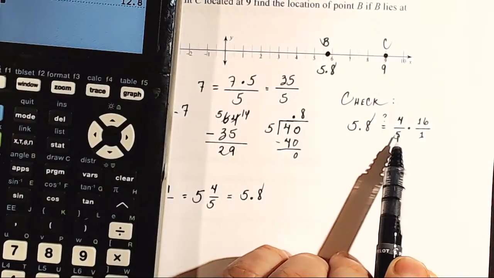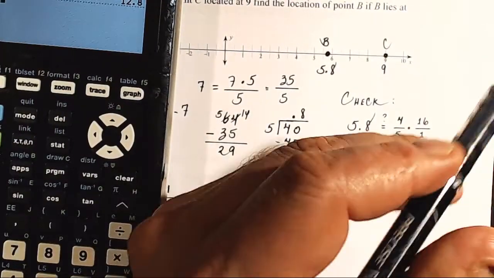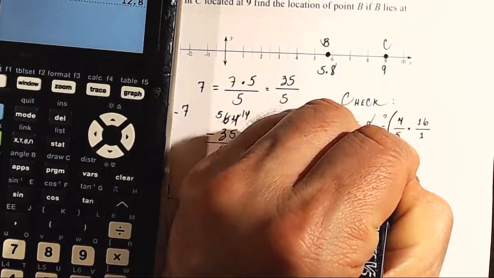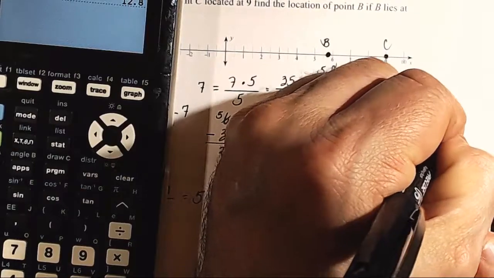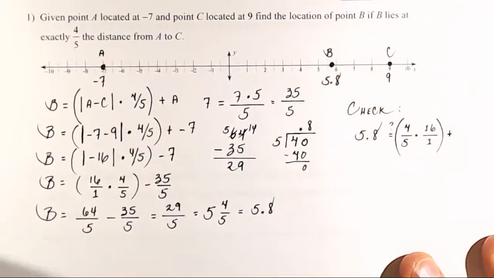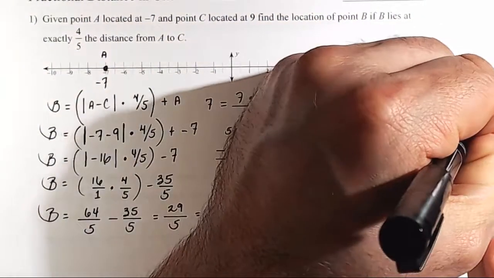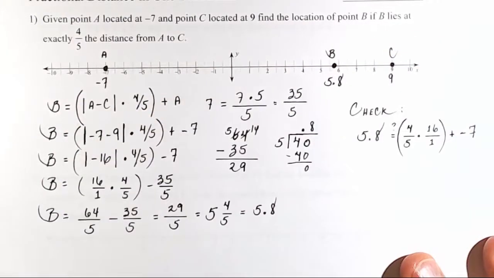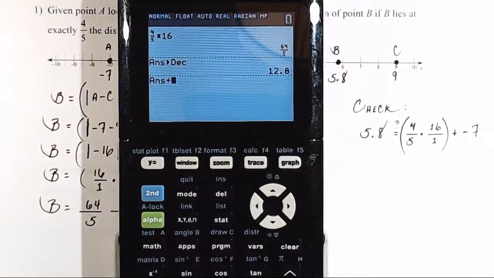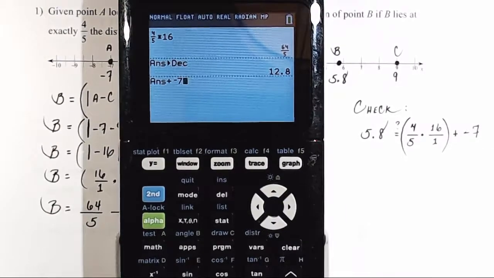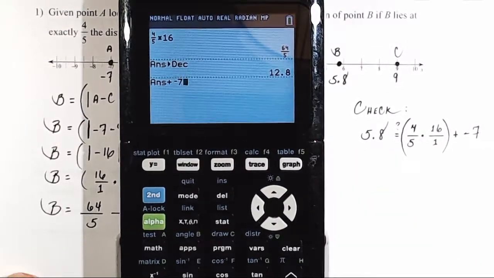Is 5.8 equal to 4/5 times 16, okay, plus the original value, which would be -7. So plus -7. So without losing a beat here, let's now add -7, right? And what this should equal is 5.8.